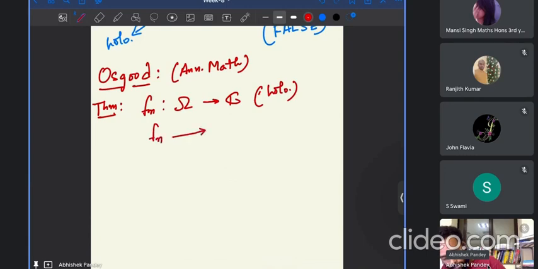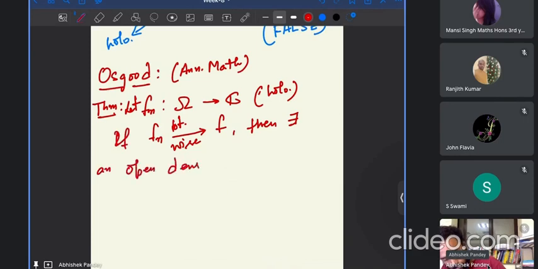Fn converges to f pointwise. Then there exists an open dense set, let us say D, a subset of omega, such that f is holomorphic on it.